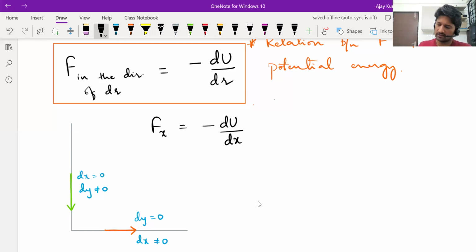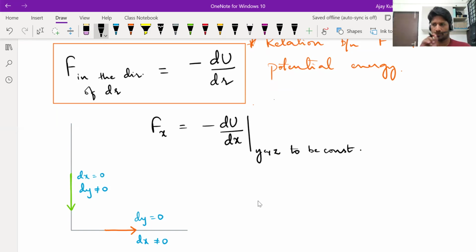But when you are moving along the x-axis, you have to consider y and z coordinates to be constant. We know that if something is moving in the x direction, then it doesn't get displaced in the y direction or the z direction.